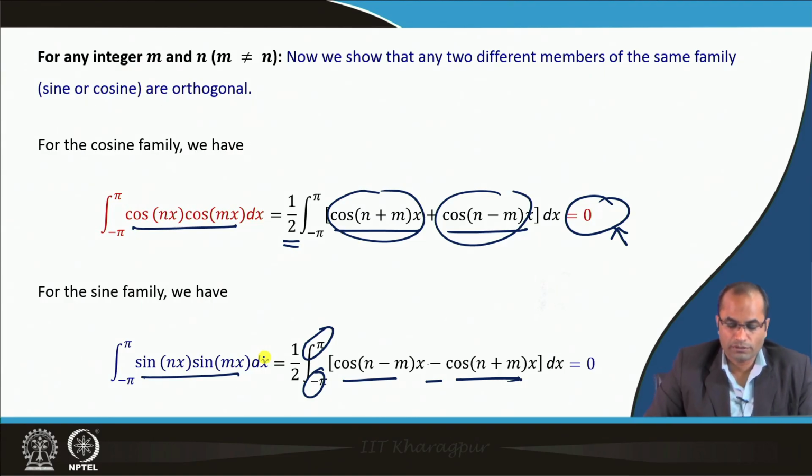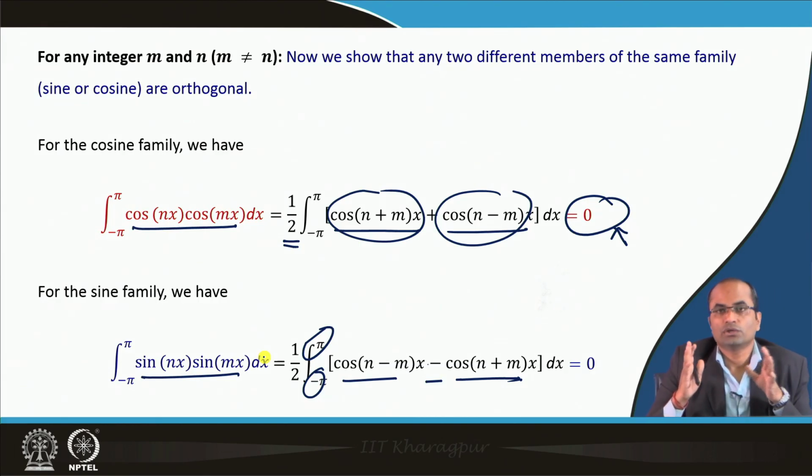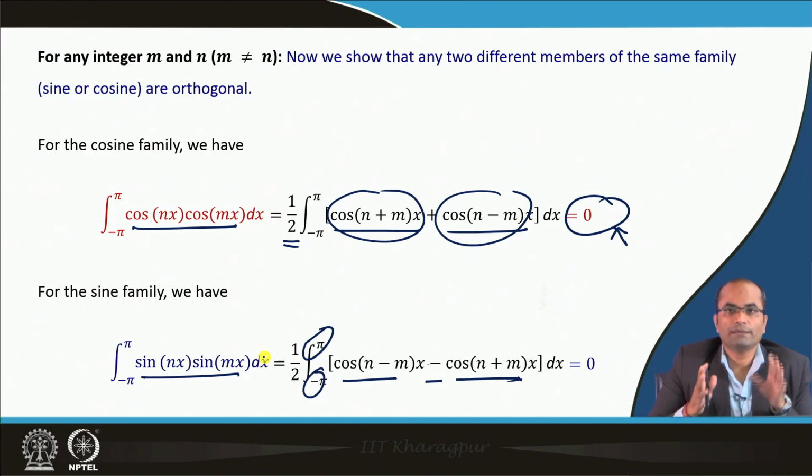So, this will also lead to 0. So, we have also seen that if we take two different members from the same family, it is going to be 0. If we fix 1 as a member and take any other member from the cosine or from the sine, that is 0.